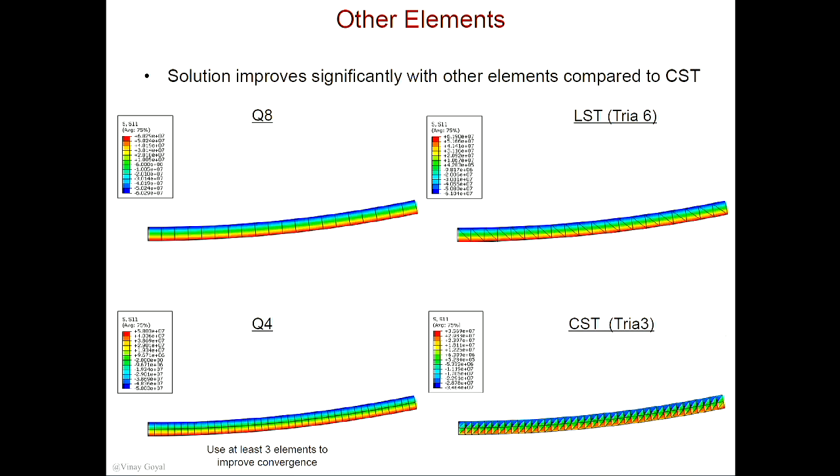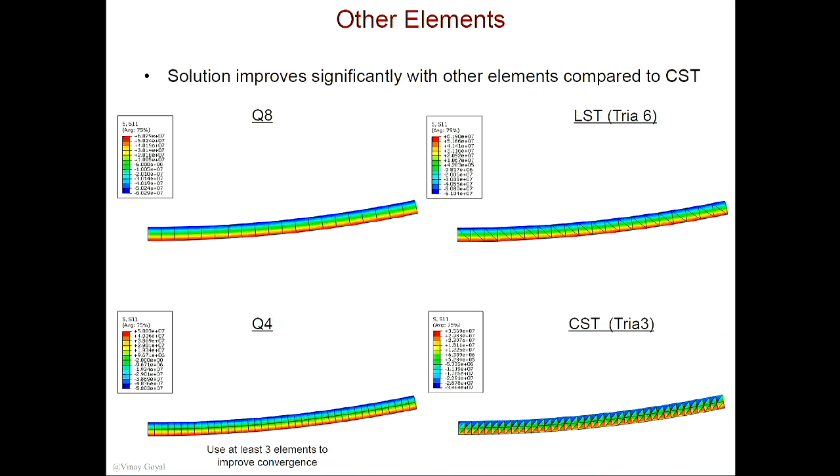In fact, it almost matches the exact solution. The linear strain triangle, which is a second order element, is a Tria6. So 6 nodes, triangular element, quadratic interpolation, very nice as well. You can see here it gives you 6.19E7. These two are very close to the exact solution.